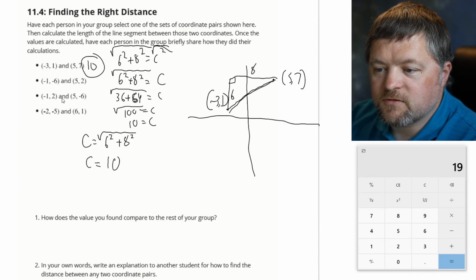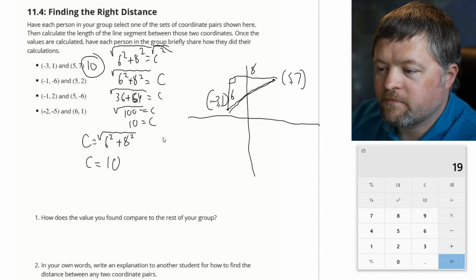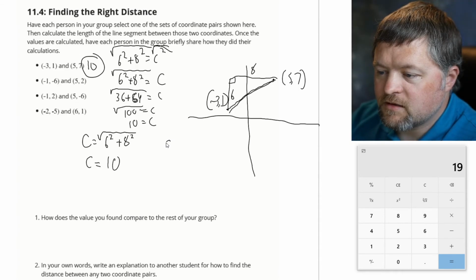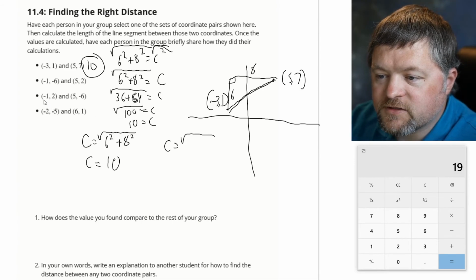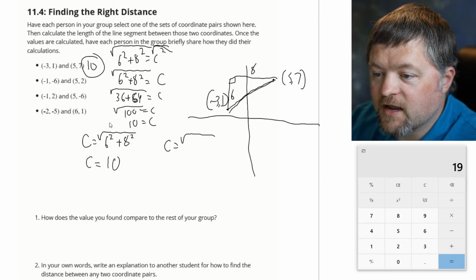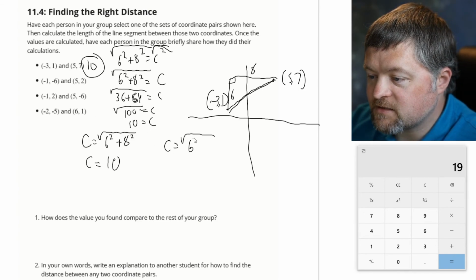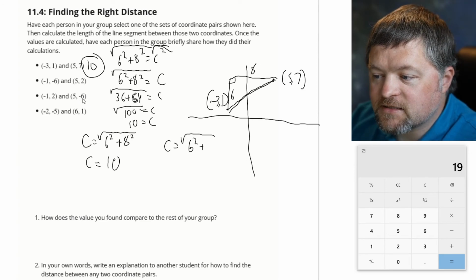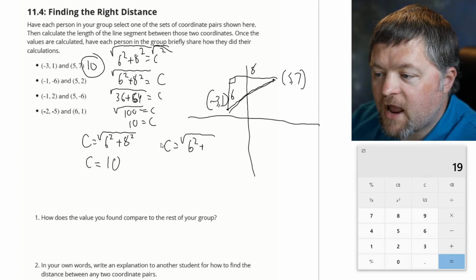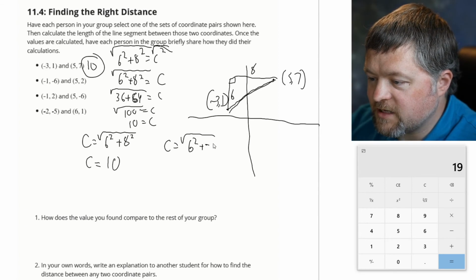Let's check our next one here. C is going to equal the square root of 5 subtract -1. Well, 5 subtract -1 is 6. -6 subtract 2. Ooh, this one's going to be different.